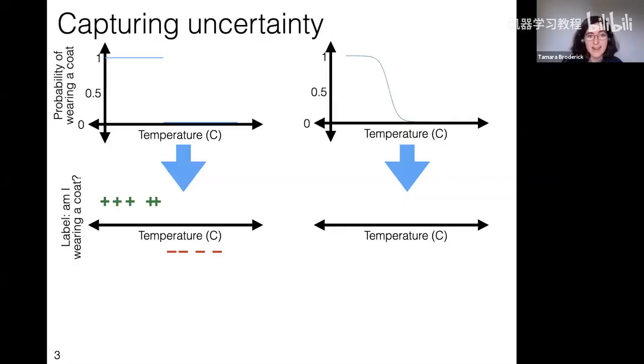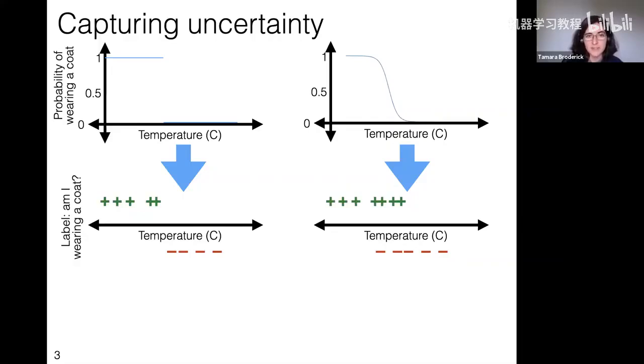When it's really hot out, again, I'm basically definitely not wearing a coat because the probability is almost exactly 0. But as it gets colder, as we get into fall, it starts to be the case that sometimes I will wear a coat, and that probability is increasing as it gets even colder, until we get to a point where it's basically 1 and I'm always wearing a coat.